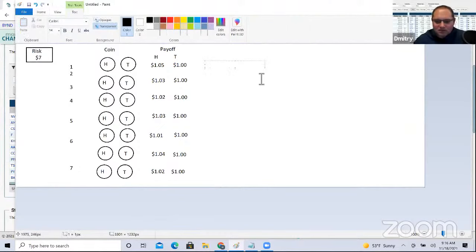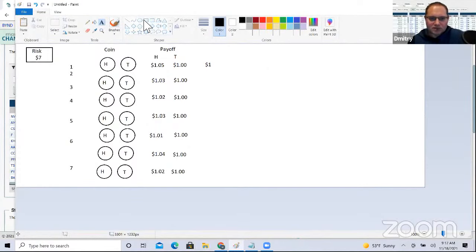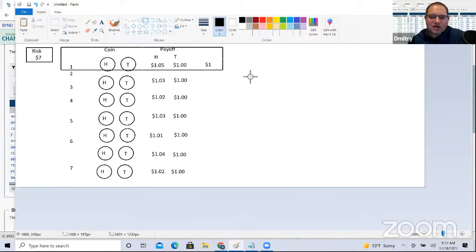I'm going to take $1 and bet it on this instead of all 7, and then wait and see what happens. And if I lose this $1, this is what I see. I just want to see how this plays out.